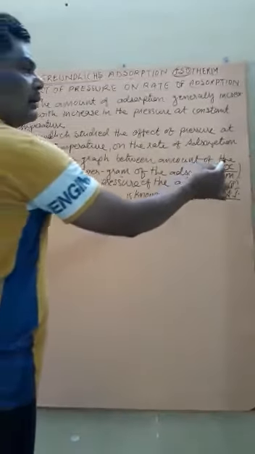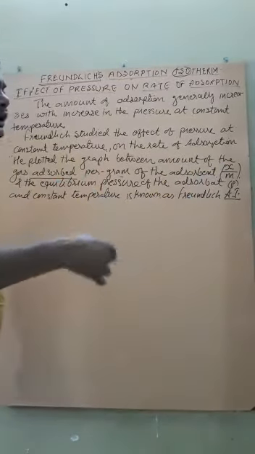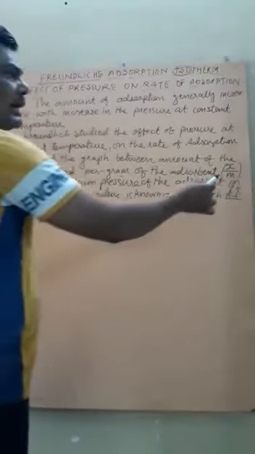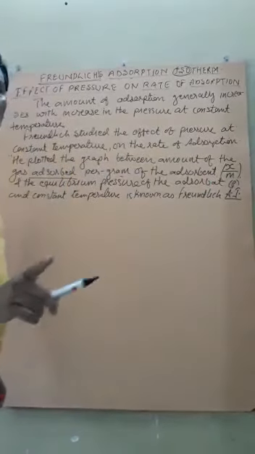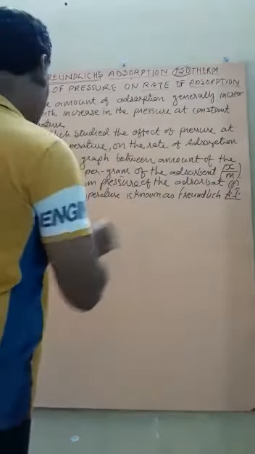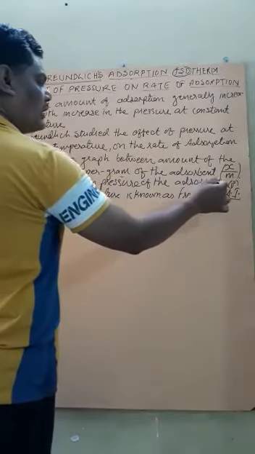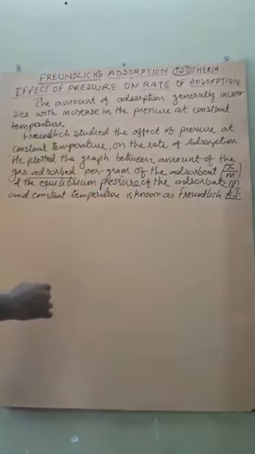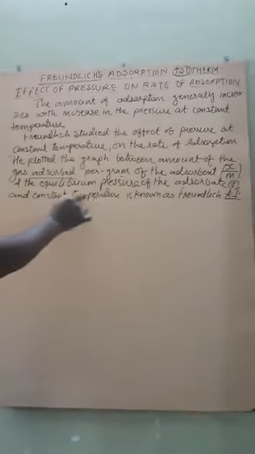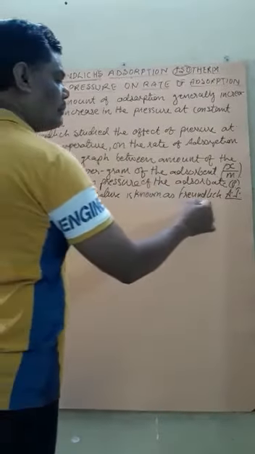Here x means the amount of adsorbate, and m is the amount of adsorbent surface, which is 1 gram, and the equilibrium pressure of the adsorbate, at constant temperature. This graph is known as the Freundlich adsorption isotherm.